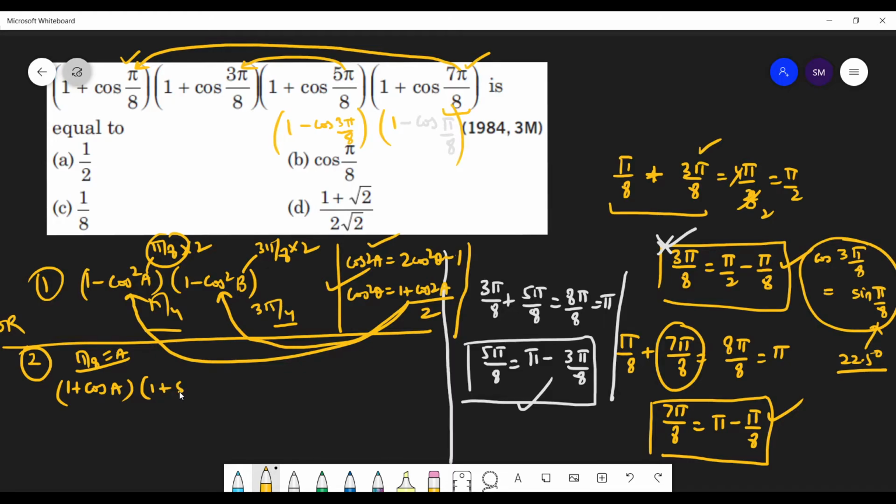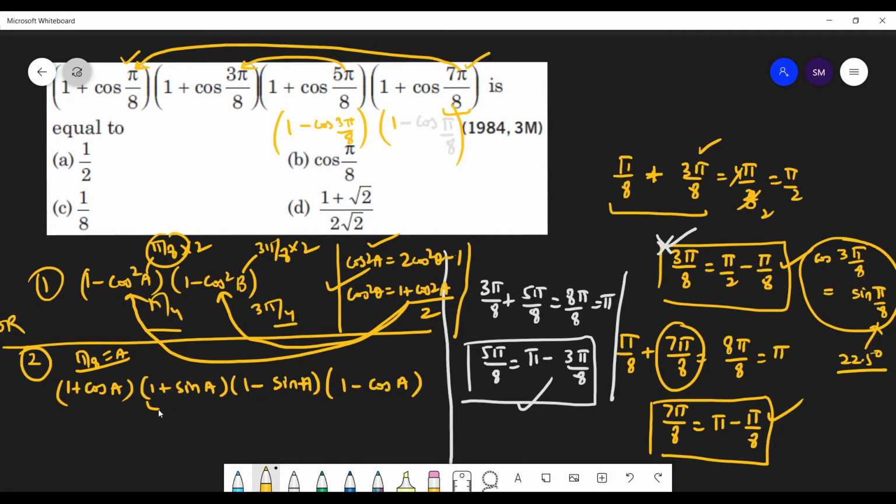So 1 plus sine a into 1 minus sine a and 1 minus cos a.